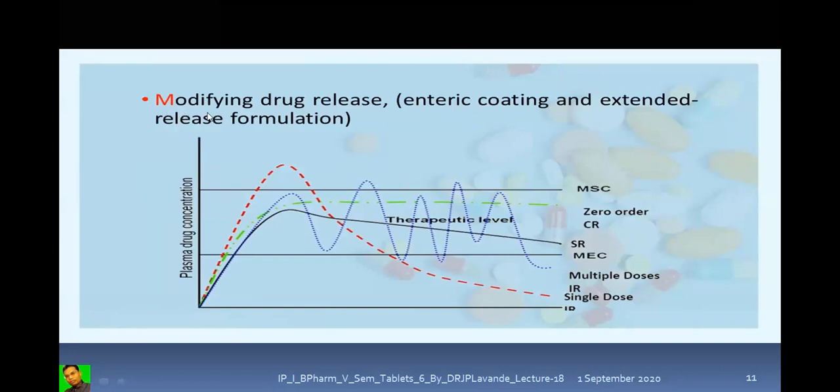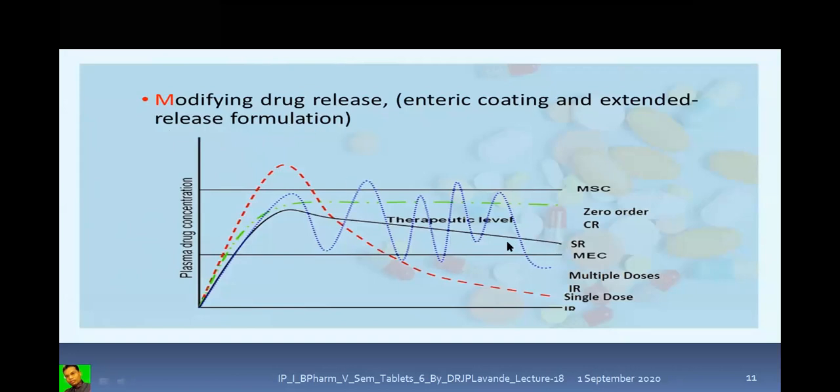The second is the M in PMMAIS, which stands for modifying. M is the modification. Modification of what? Modification of the drug release pattern. So we can obtain the enteric coating, we can obtain the extended release formulations.